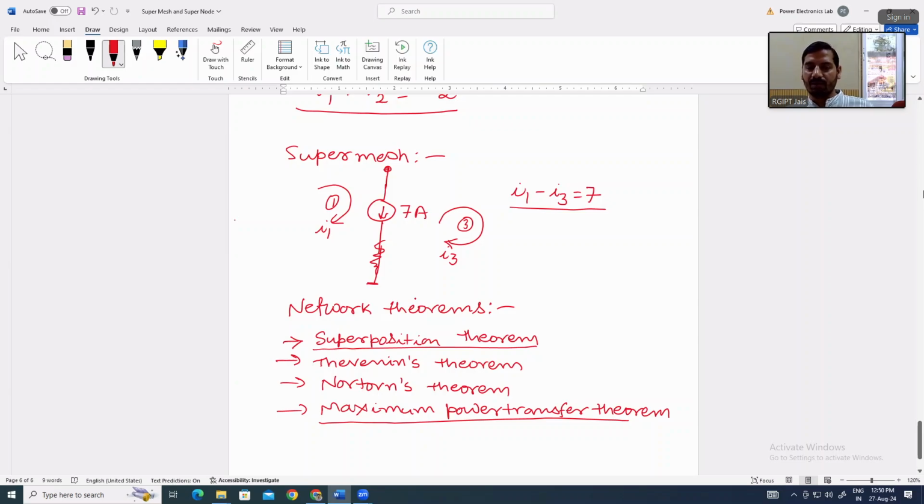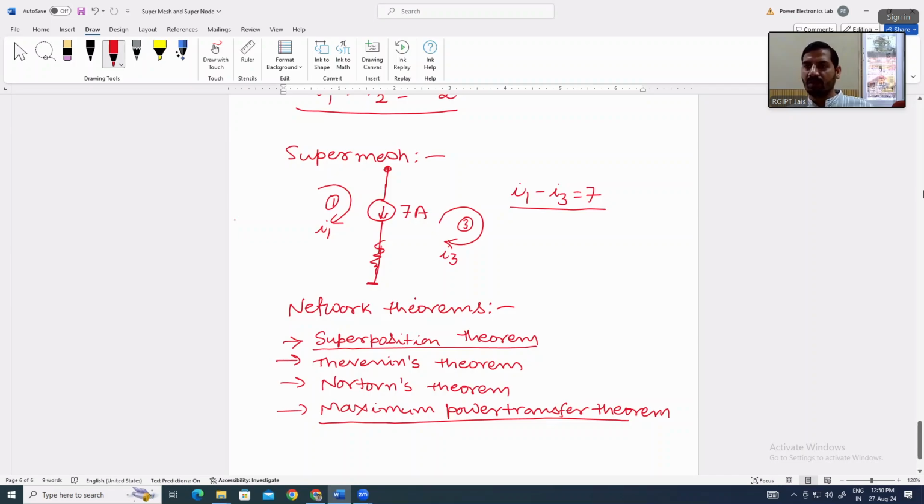Okay, and Norton's theorem is just a dual of Thevenin's theorem. Means it is just a voltage to current source conversion. In Thevenin's theorem, the whole network is converted into a single voltage source and single impedance in series.